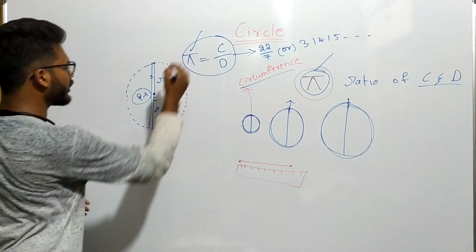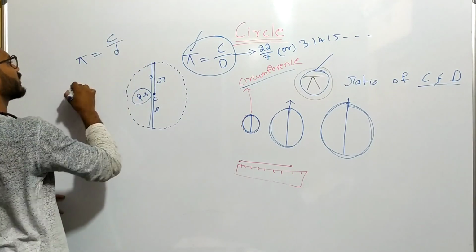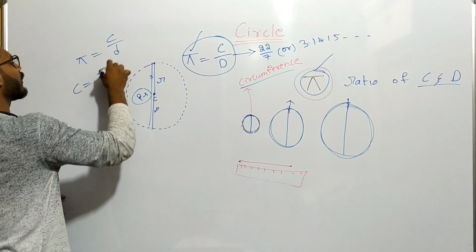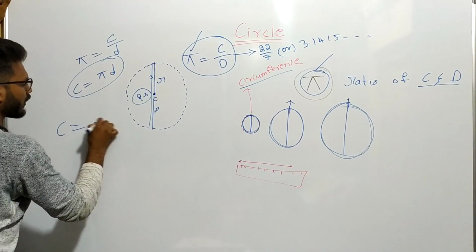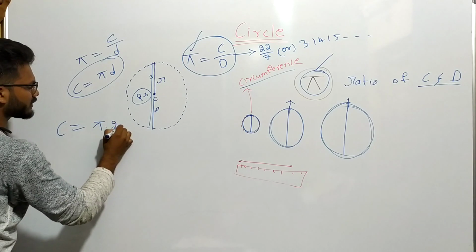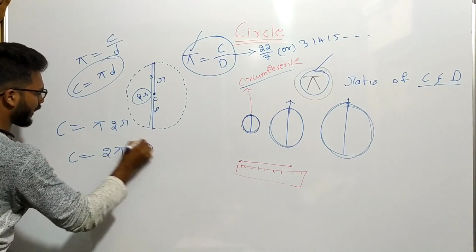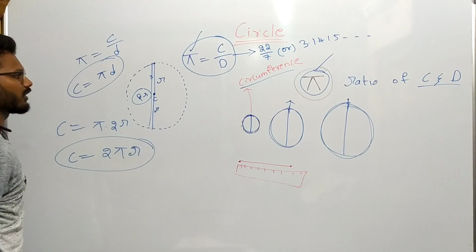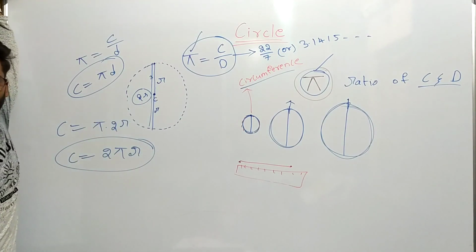What is the circumference? As you know, pi is equal to c by d. Circumference is equal to pi into diameter, or if you know radius, diameter is 2 times the radius, right? So you will get circumference is equal to 2 pi r. Okay, from this you got the circumference of the circle as 2 pi r units.